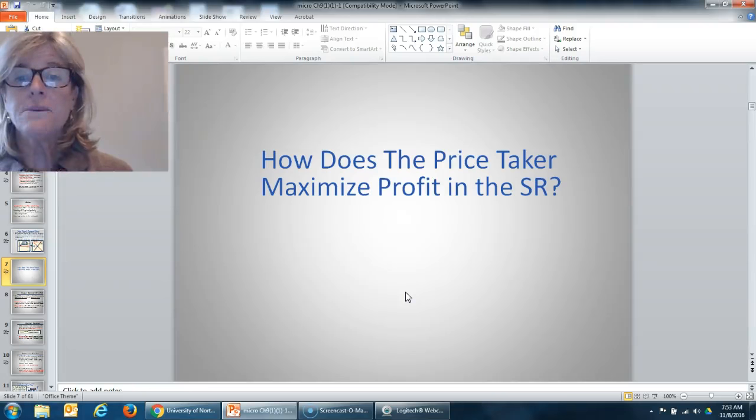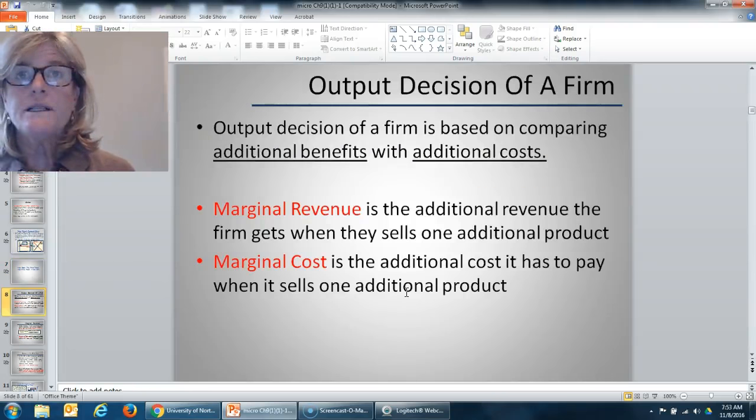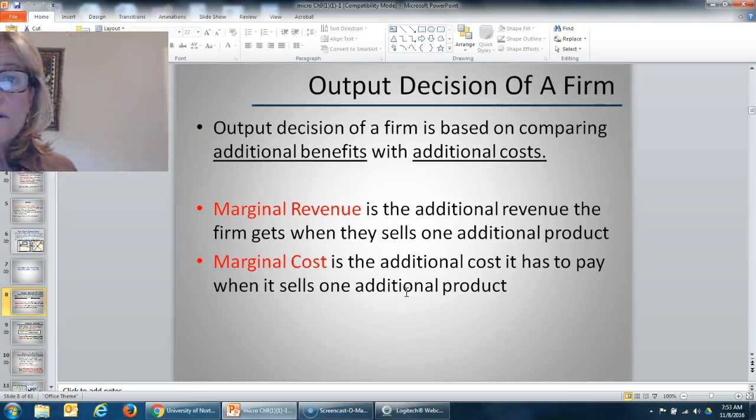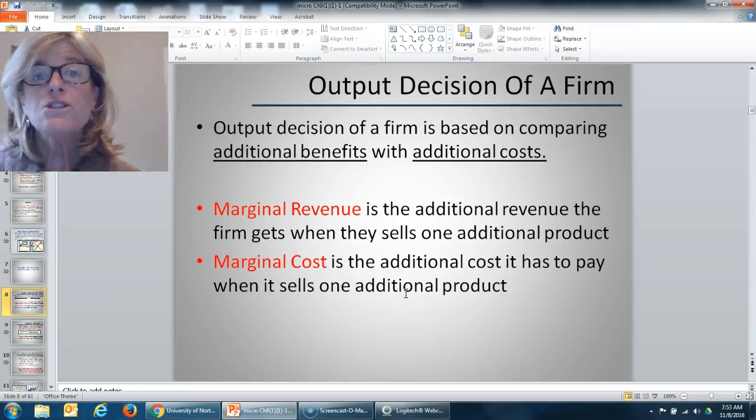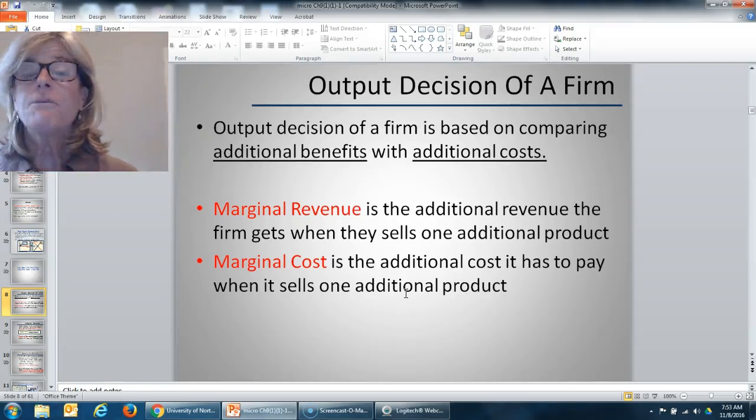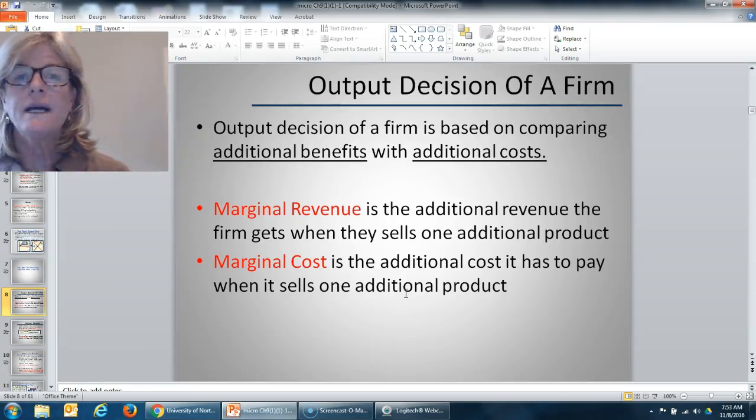So how does a price taker maximize profit? Basically, we're going to set marginal revenue equal to marginal cost. So we need to define what is marginal revenue and what is marginal cost. And then I will show you that when the producer chooses an output level whereby marginal revenue, the additional revenue that you can get from selling an extra unit, is equal to marginal cost, the additional cost that you incur from producing that unit, that will be the level that will maximize profit.